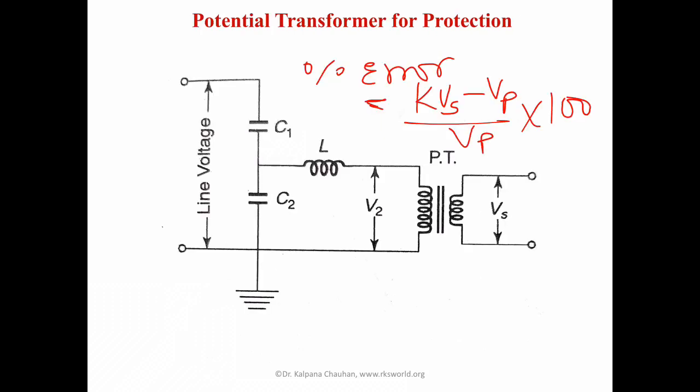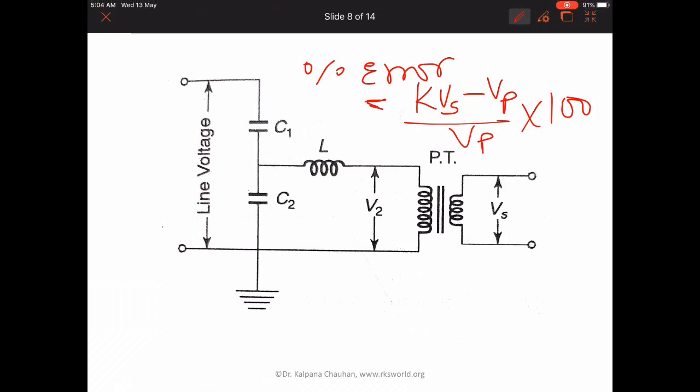Again, the potential transformer has two types of construction, electromagnetic type and capacitor type. Here, what we have shown is the capacitor type.